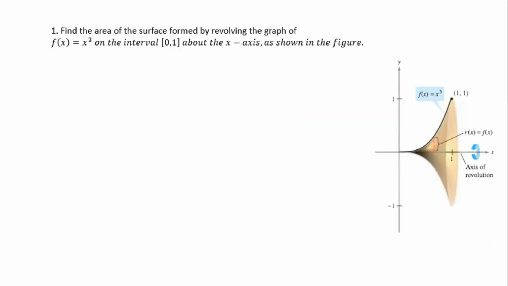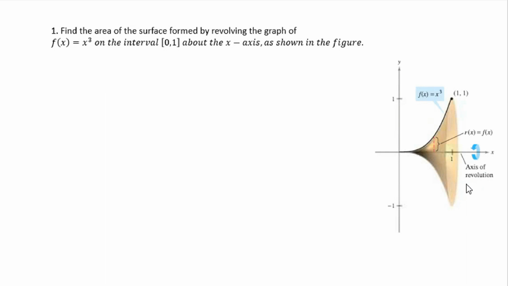Number one, find the area of the surface formed by revolving the graph of f of x equals x cubed on the interval 0, 1 about the x-axis, as shown in the figure.